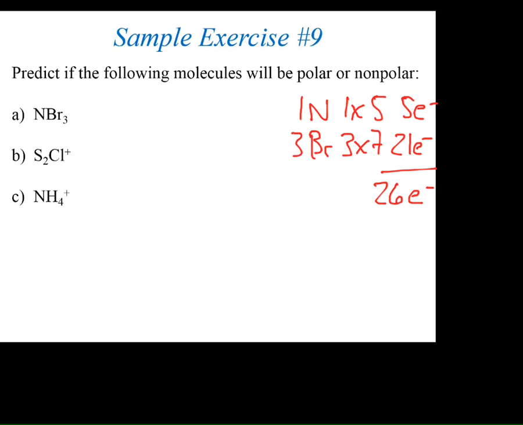Step 2, arrange the atoms. Which one goes in the center? How do you know nitrogen goes in the center? Because it's the one that only appears 1 time in the formula. So I'm going to put nitrogen in the center, then arrange the other ones around it.